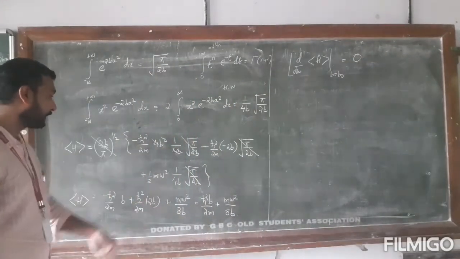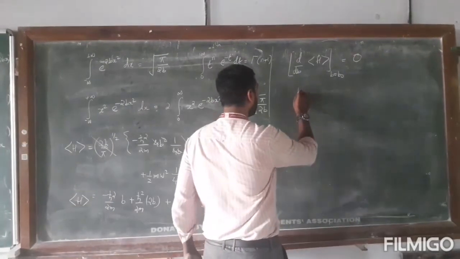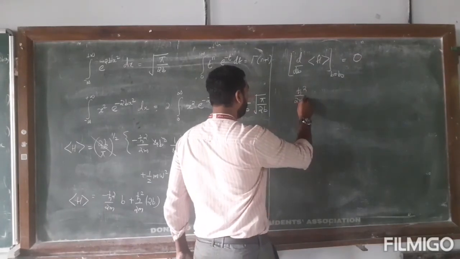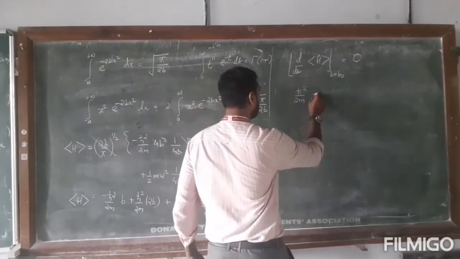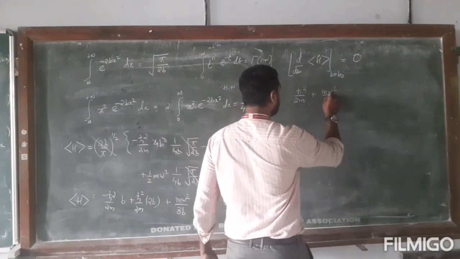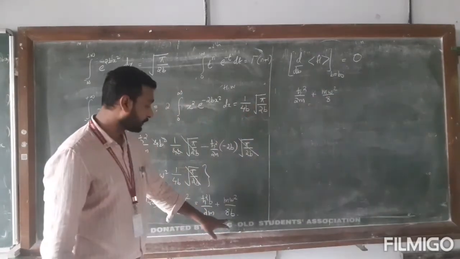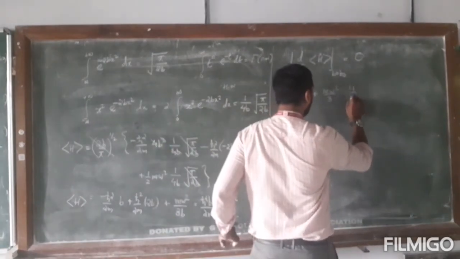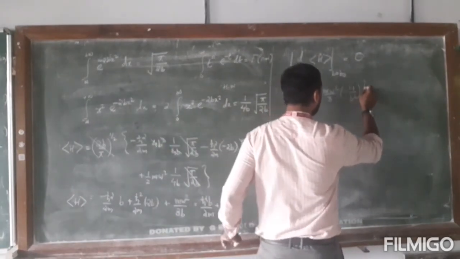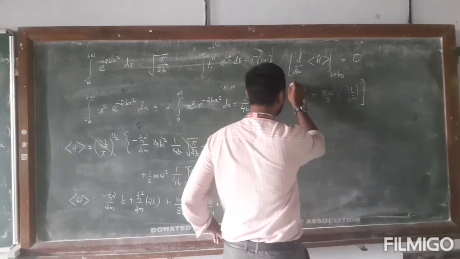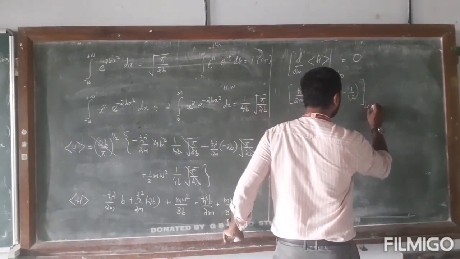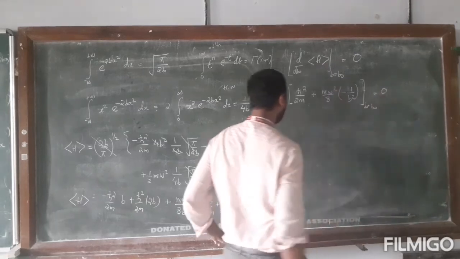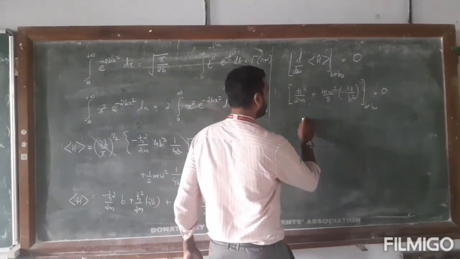If you find the derivative with respect to b, what will you get? ħ²/2m plus mω²/8; if you differentiate 1/b, you will get minus 1/b², and you have to put b equal to b0.